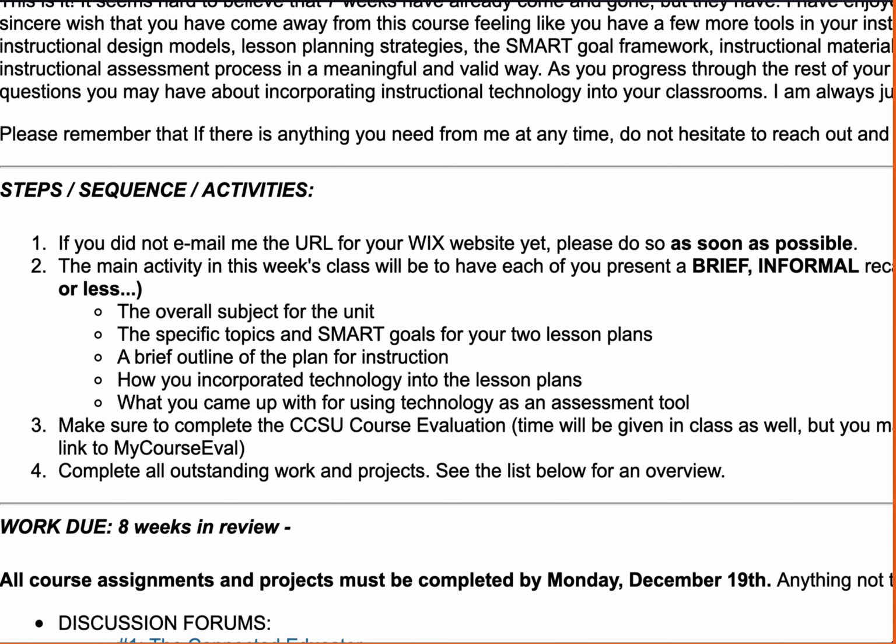So the SMART goal for the first lesson plan was, let's see if I can find it. So by the end of this lesson, students will be able to use citation guidelines to generate fully formatted citations for student-selected sources that follow the conventional style associated with academic texts. And then for the second lesson plan, the SMART goal was using a correction symbol checklist.